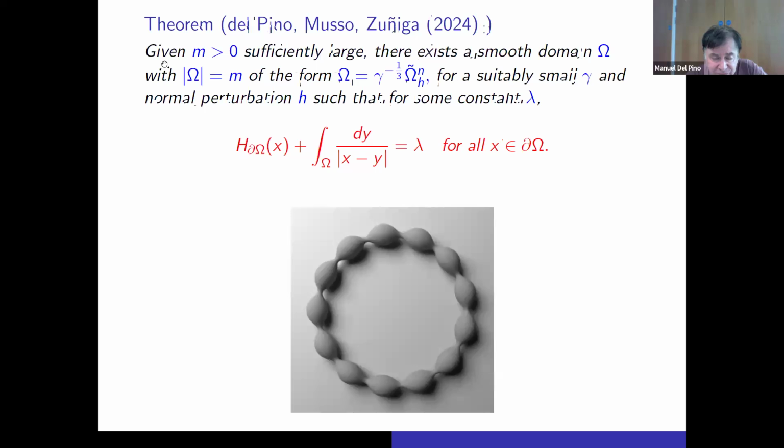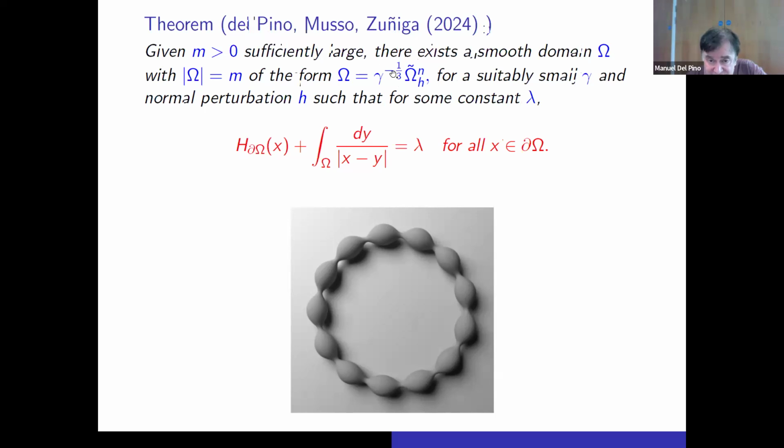So what is our result? Our result states that given a number m sufficiently large, there exists a smooth domain omega with volume equal to m, which has also this special form. I will describe the form. There is a certain number, and this number is large.